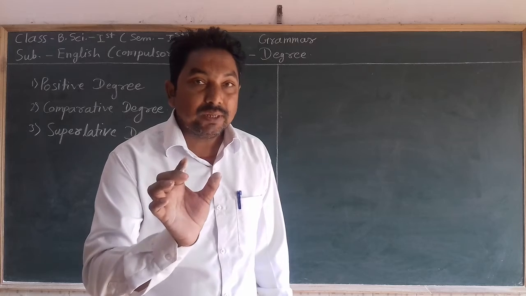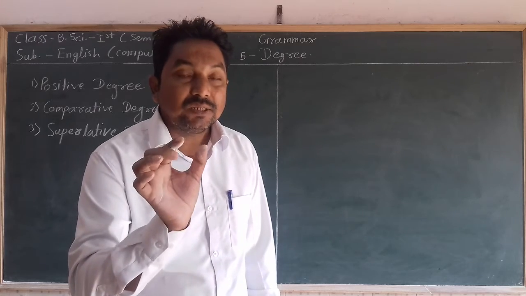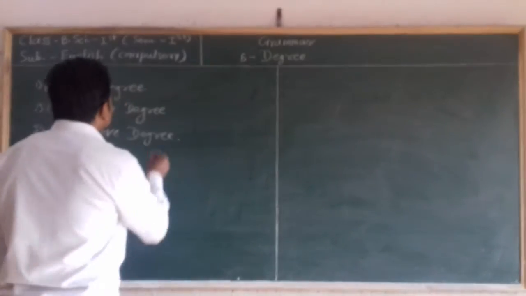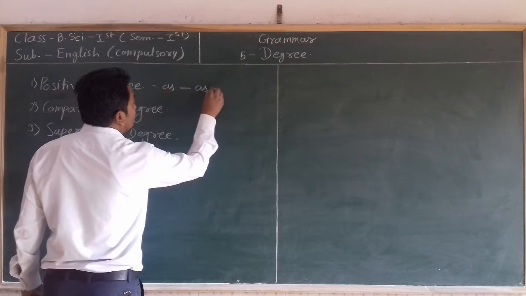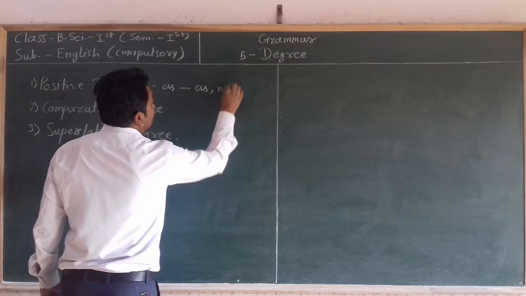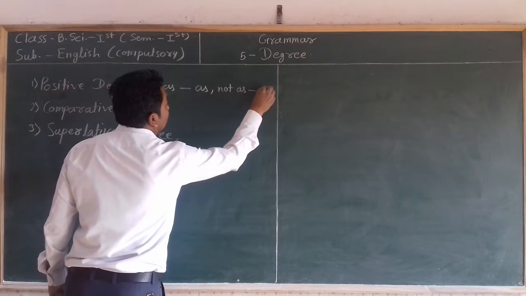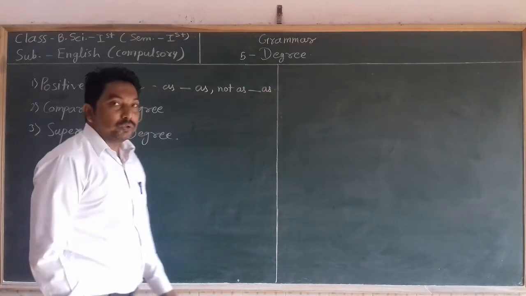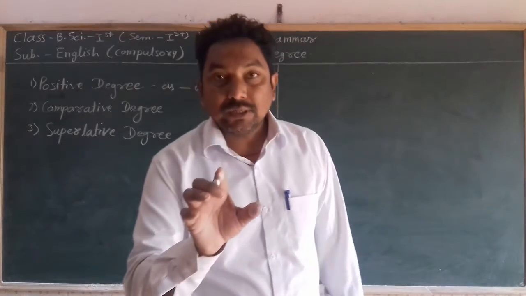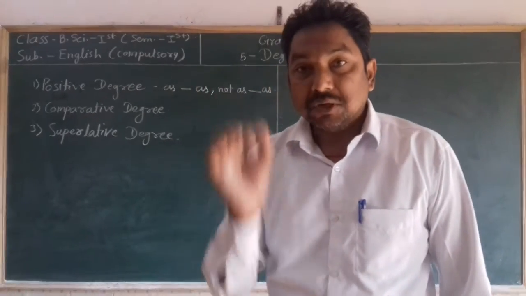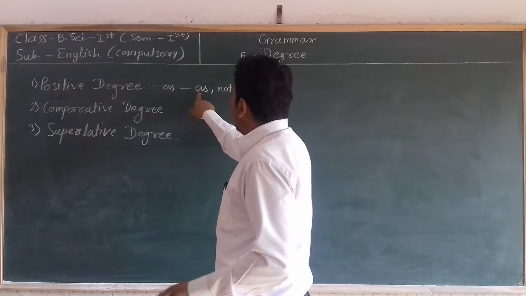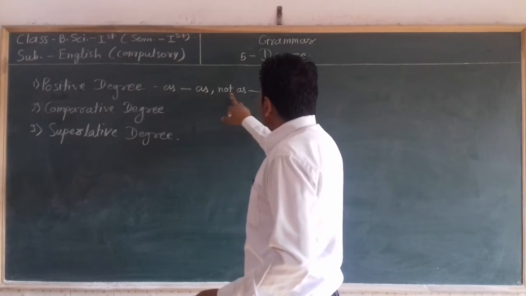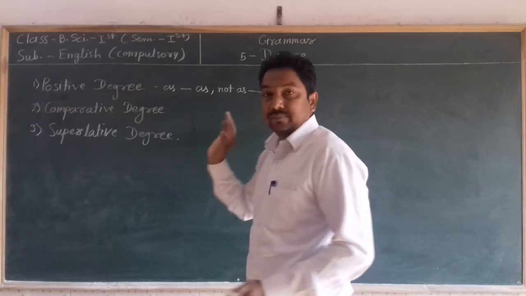In positive degree, the adjective we can see always in "as, blank, as" or in "not as, blank, as". So in positive degree, there must be the adjective word between as or between not as.